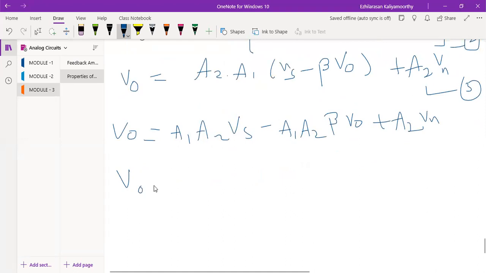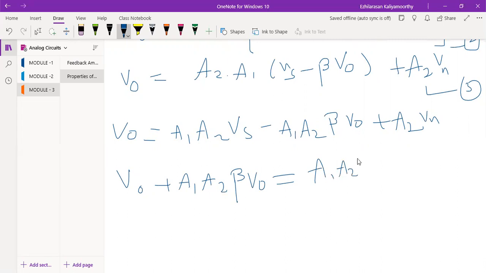So V0 plus A1 A2 beta V0 is equal to, take this term to the left hand side, A1 A2 Vs plus A2 Vn. Okay.